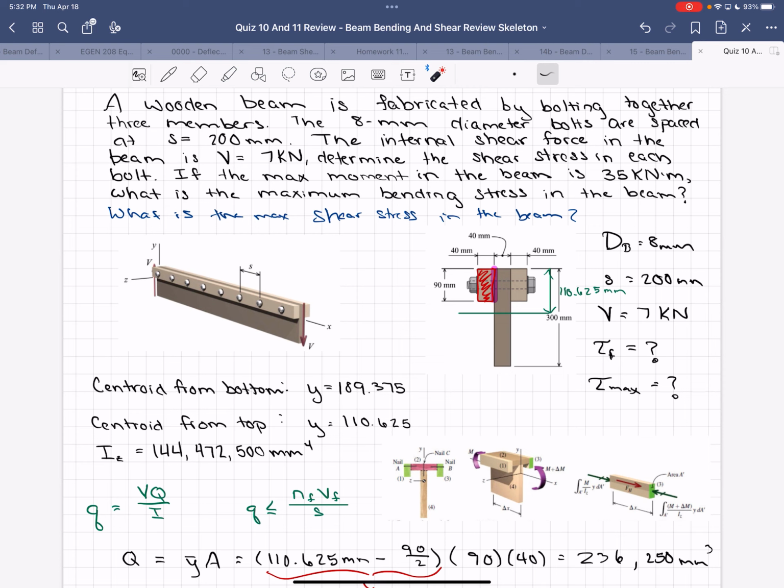We have little q equals that, little q is less than that, and the other one being shear stress equals VQ over IT, which is very similar to this one without the T. So 3 equations. I think that's all you have to know tomorrow.